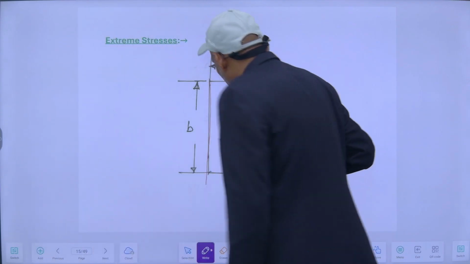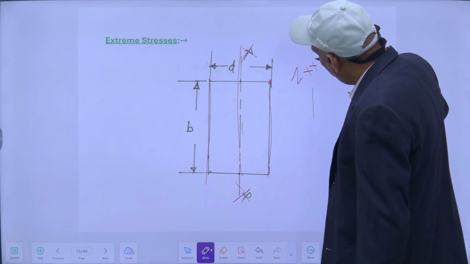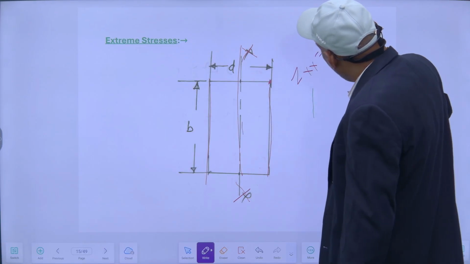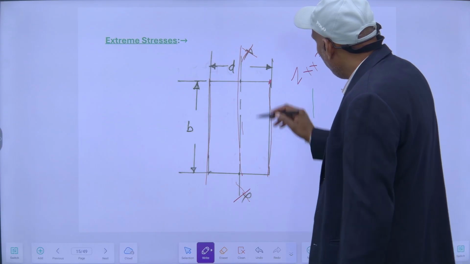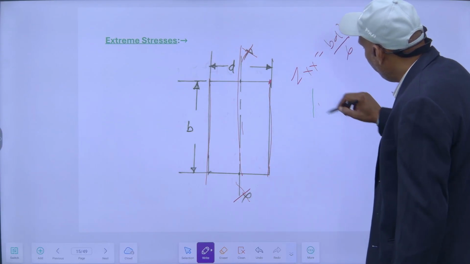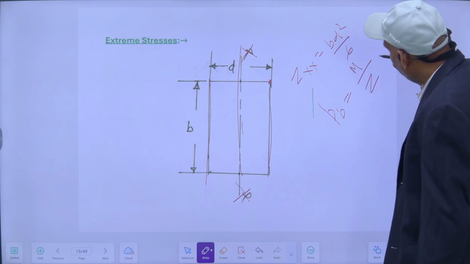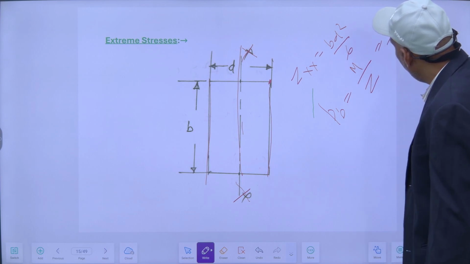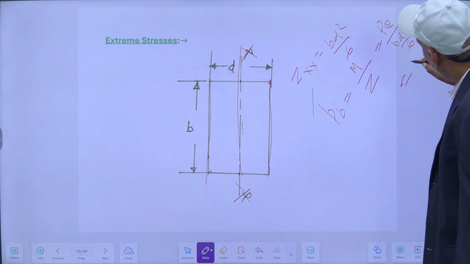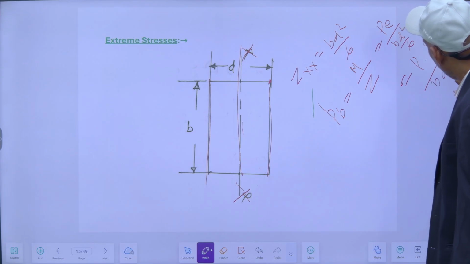My Z along this axis will be equal to BD square upon 6. So this will be the value of Z, and the bending stress will be equal to M upon Z. Here M is PE and Z will become BD square upon 6.